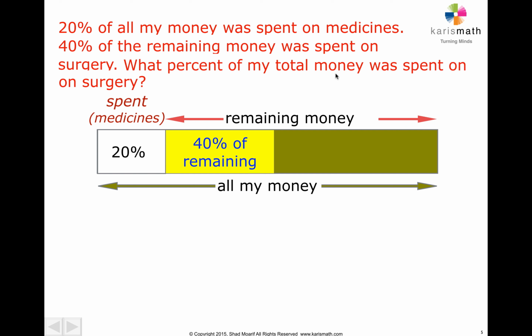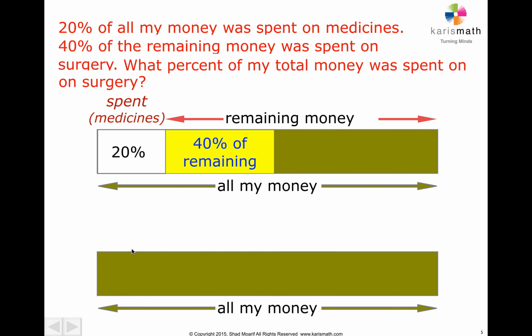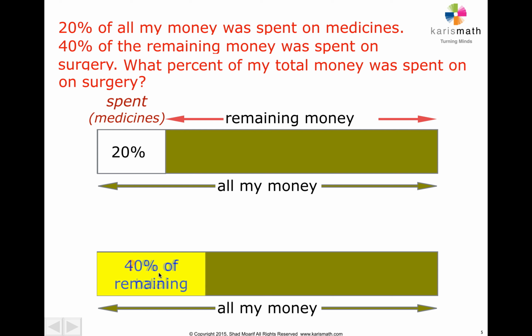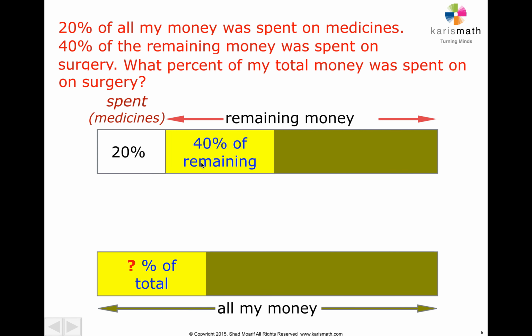So what percent of my total money was spent on surgery? Well, this was all my money. This was my total money. What we were asking is, this bit here is what percent of the total money? Well, we know that this is 40% of the remaining money. The remaining money is 80%. So 40% of 80% of the total money.